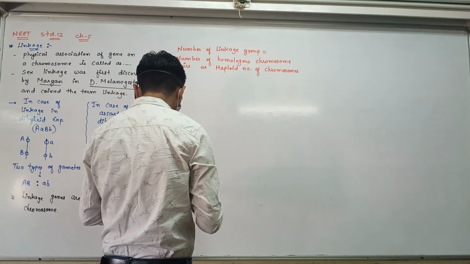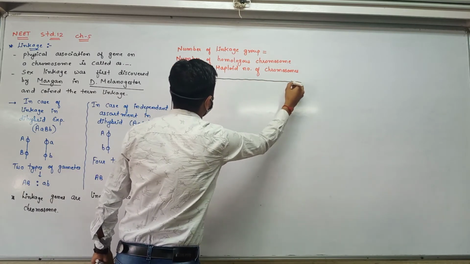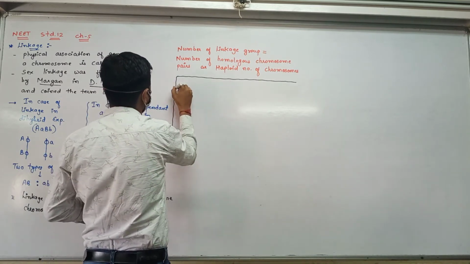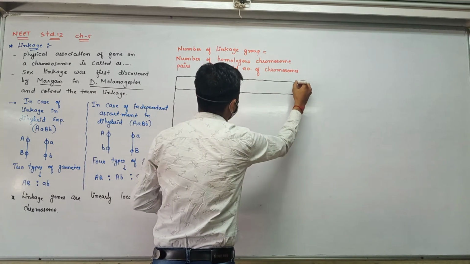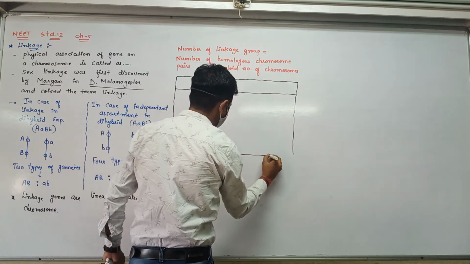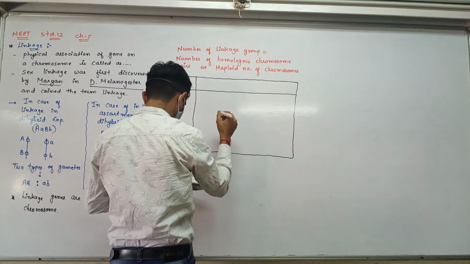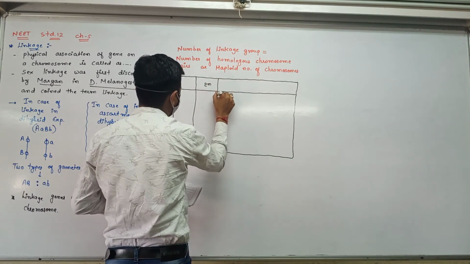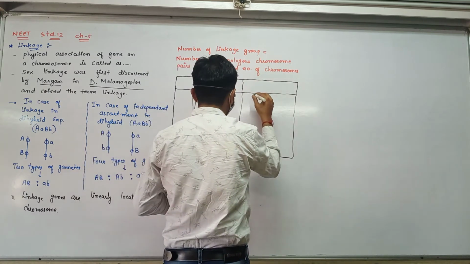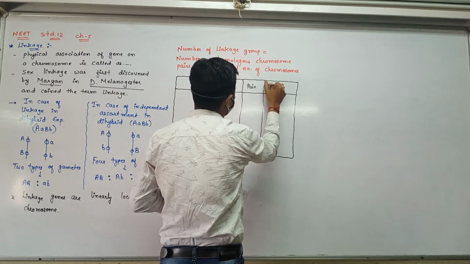Now we draw one table here: 2n, pair, and linkage group.